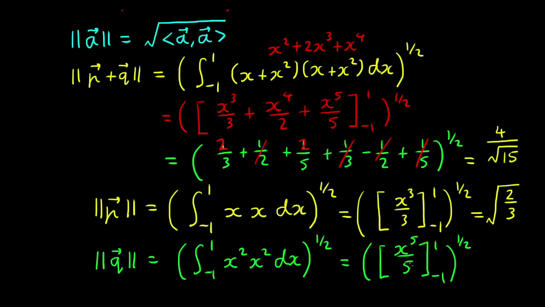So 1/5 minus a fifth gives 2/5. So we get the square root of 2/5. So therefore, you can verify that the norm of p plus q is less than or equal to the norm of p plus the norm of q by the triangle inequality.